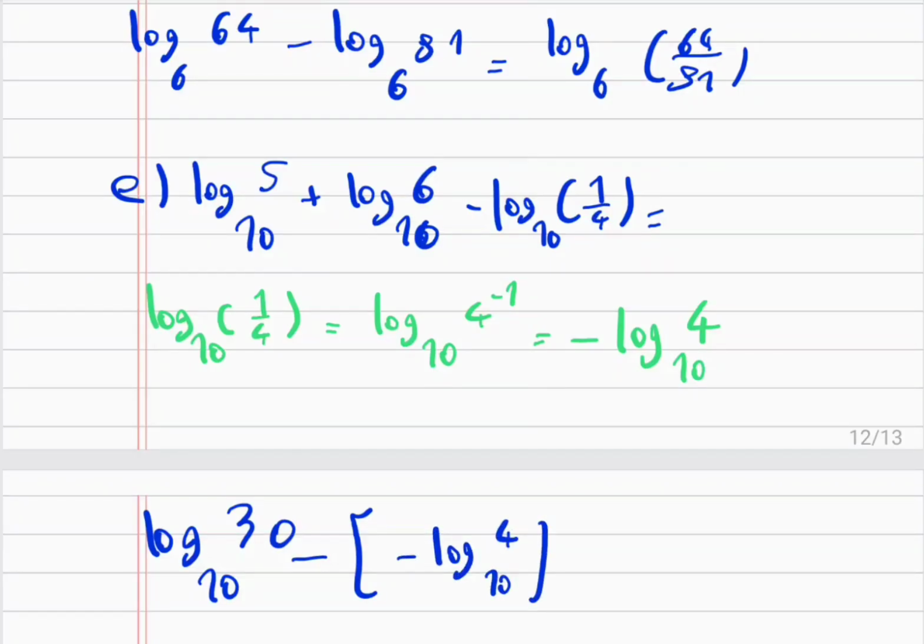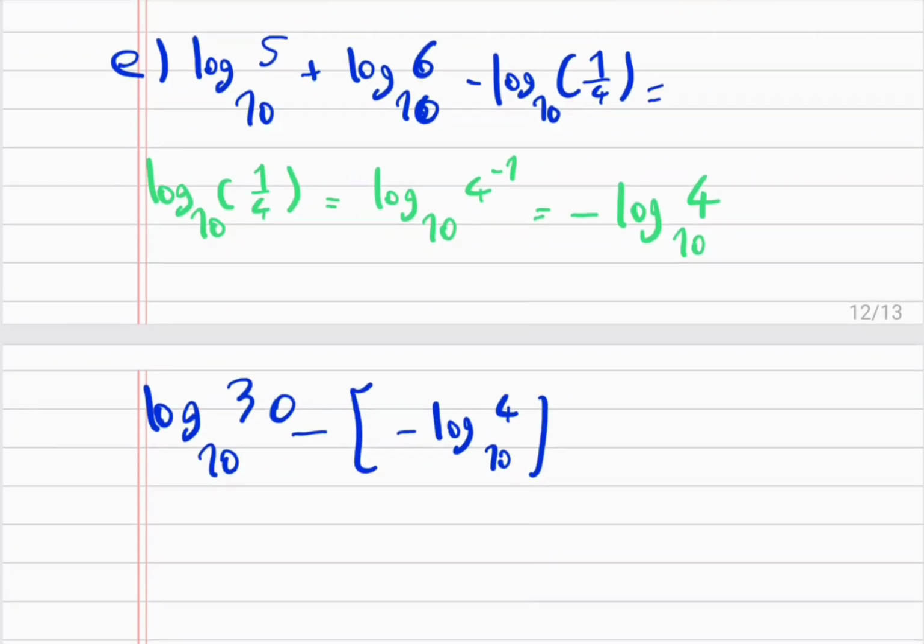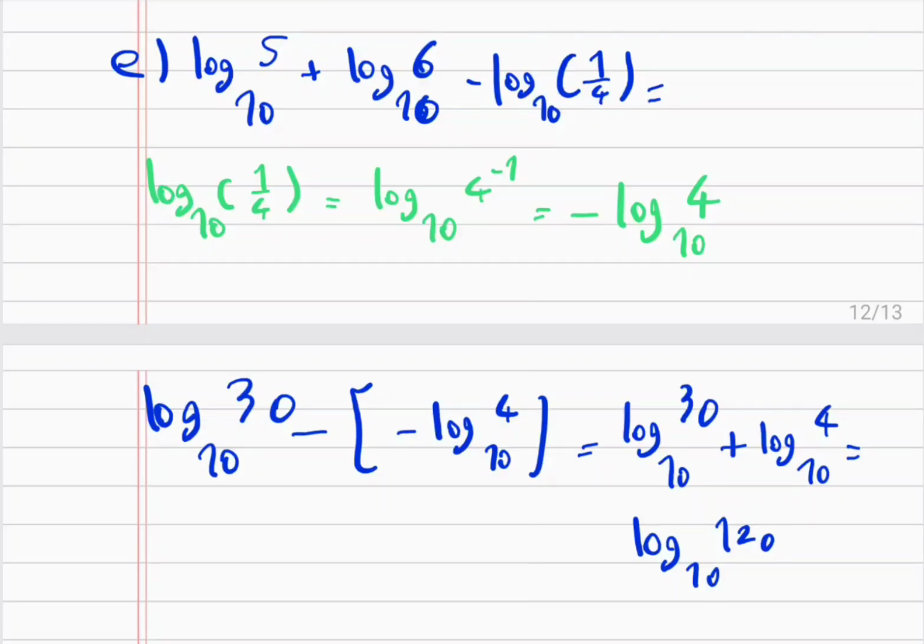So that's very important. And that means that this actually becomes positive, right? So we have log base 10 of 30 plus log base 10 of 4. And now we multiply once again and we get log base 10 of 120.